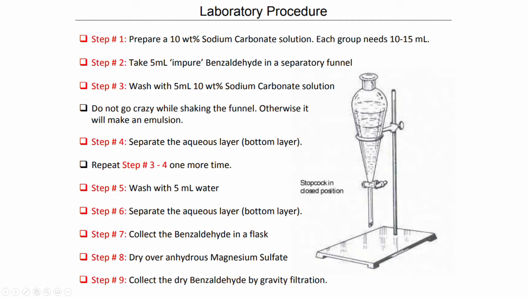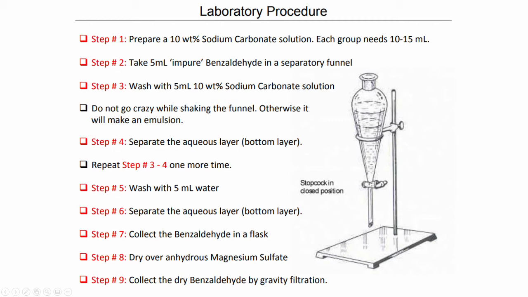The first thing that you do is you prepare a 10% by weight sodium carbonate solution. And it says that each group needs about 10 to 15 mLs. When you see 10% by weight, it's usually weight by volume.